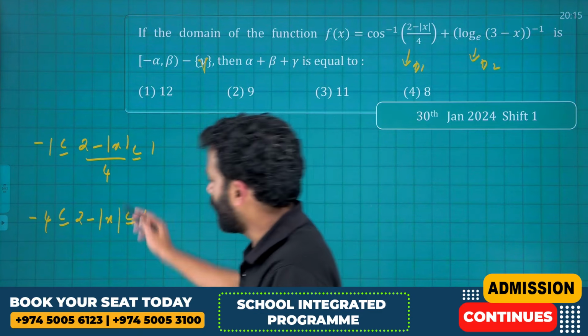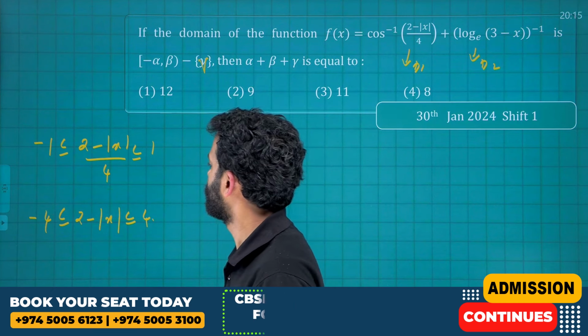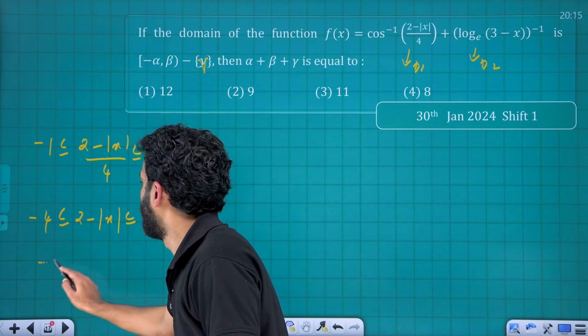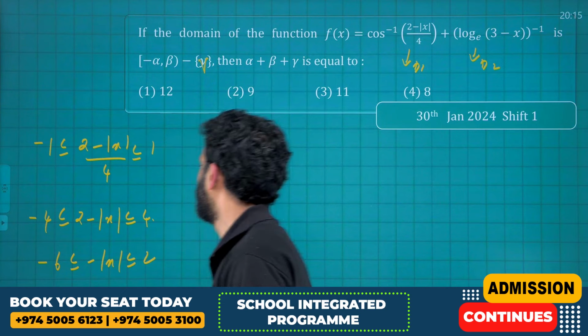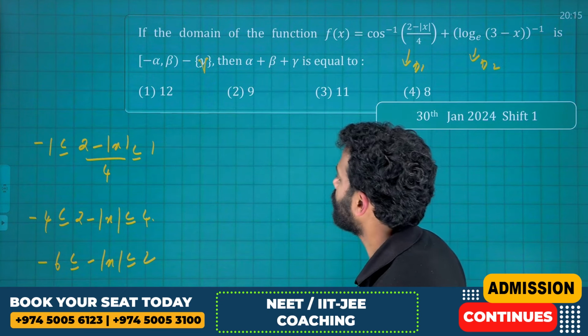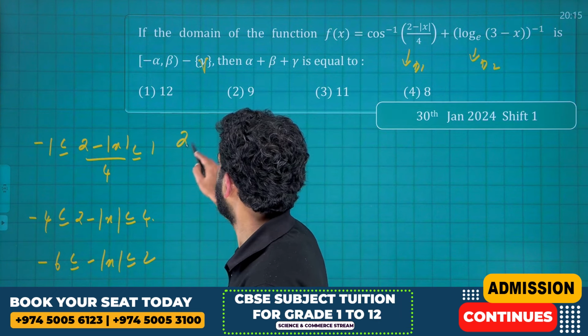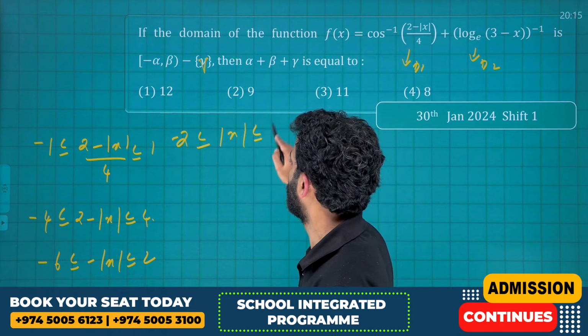Then subtract 2 and multiply with negative, and you will get minus 2 less than or equal to mod x less than or equal to 6.